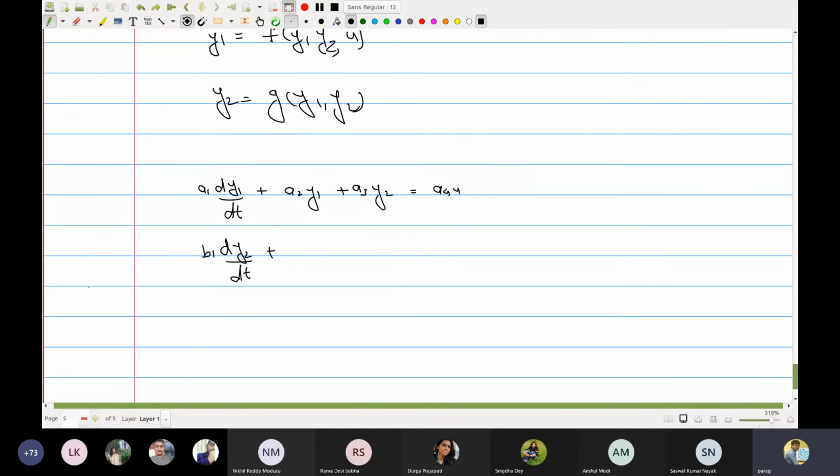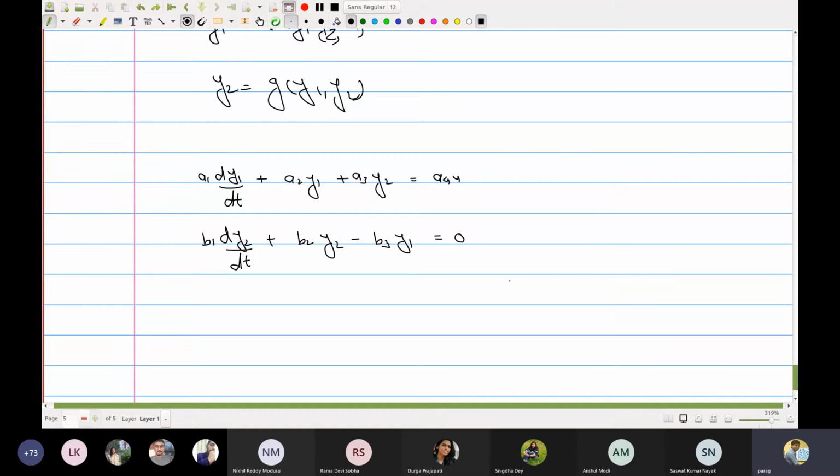Therefore you can write here B2 y2 minus B3 y1, to be consistent with the notations, and this is equal to 0, because you can take this side and y1 becomes your input variable. Right? So I hope you understand how these model equations come. If there is any doubt, please feel free to ask me. I will explain again why these model equations have been written in this manner.